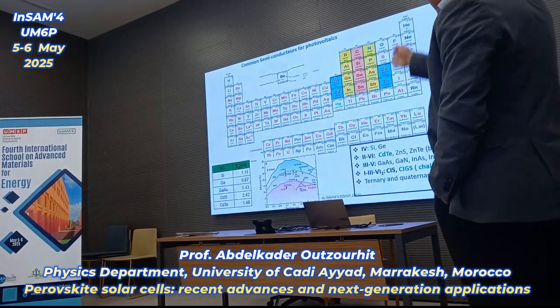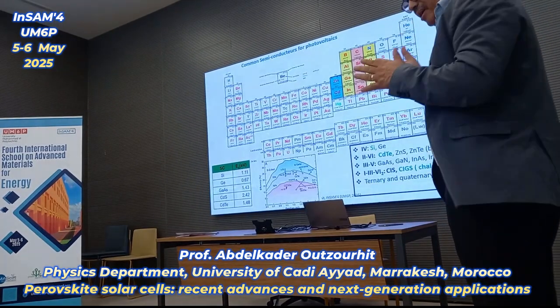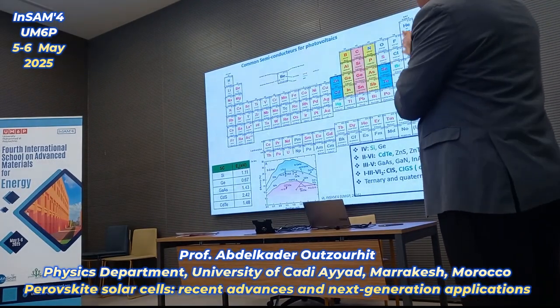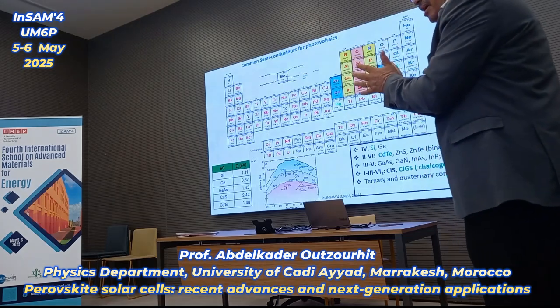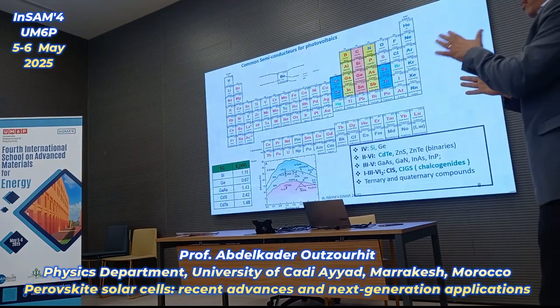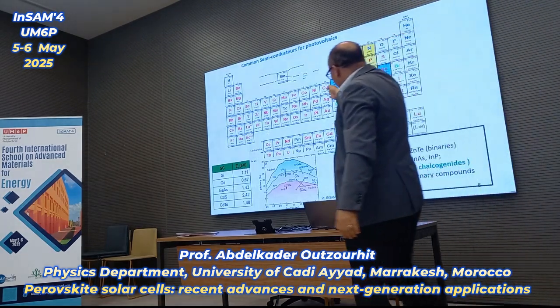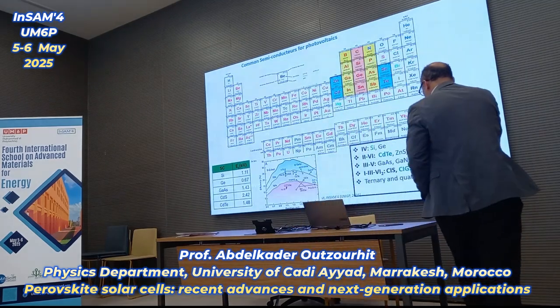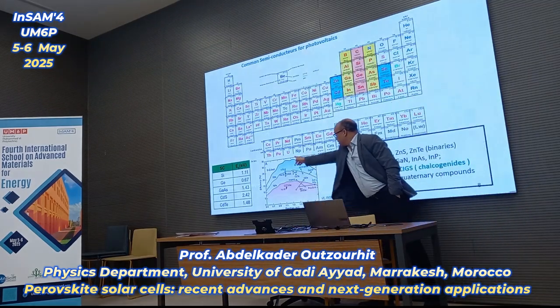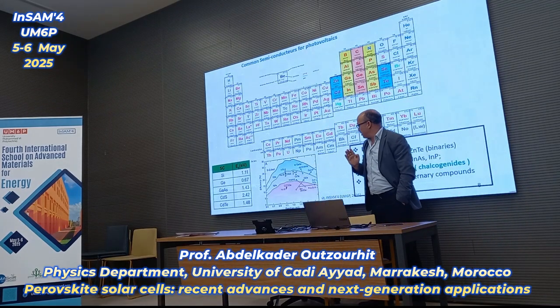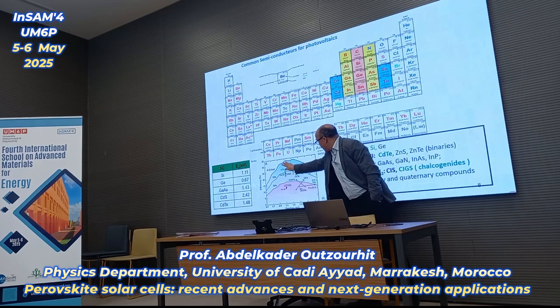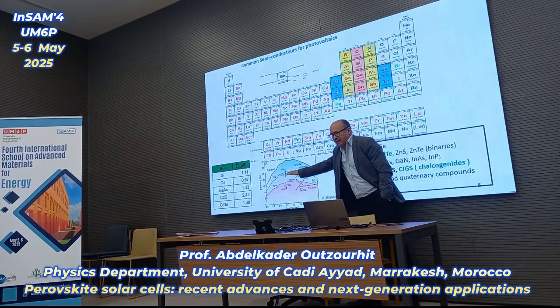That's why people are very focused on studying semiconductors that have band gaps in that range, 1.4, 1.5. As you can see here, this is the maximum theoretical thermodynamic limit, with the maximum around 1.4, and these are just the experimental values for different semiconductors.